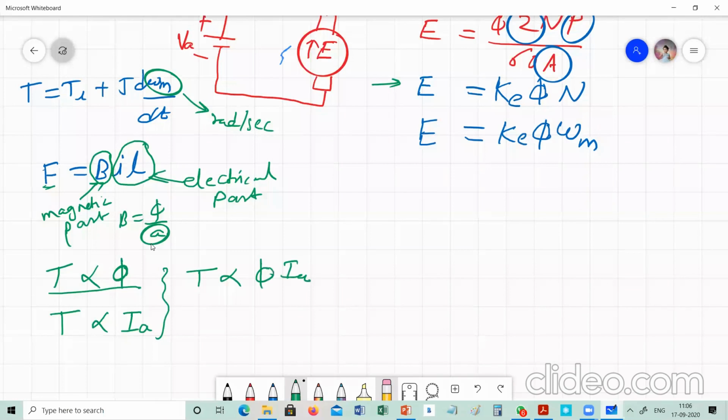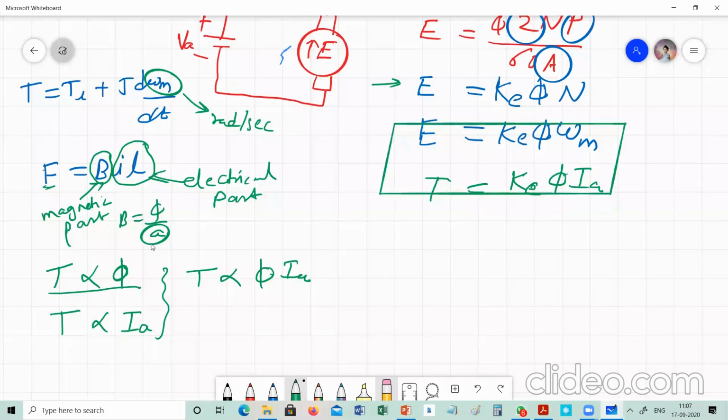So by considering these two, T can be written as proportional to phi into IA. Or the torque equation I can write as T equal to Ke phi Ia. These two equations you have to remember always.